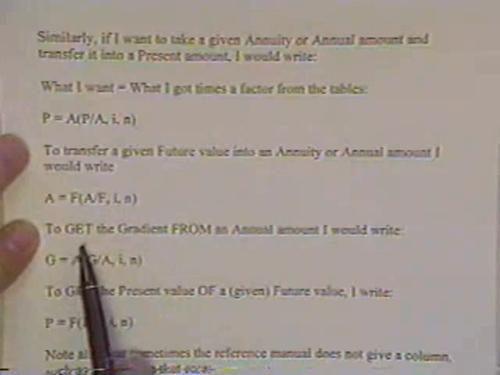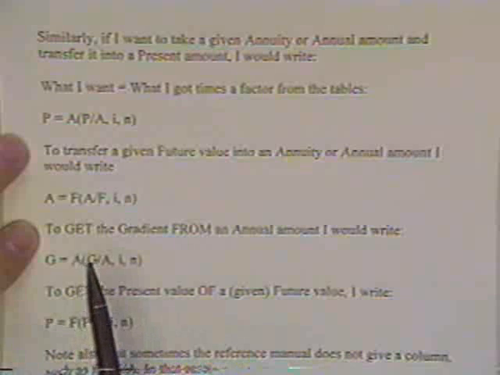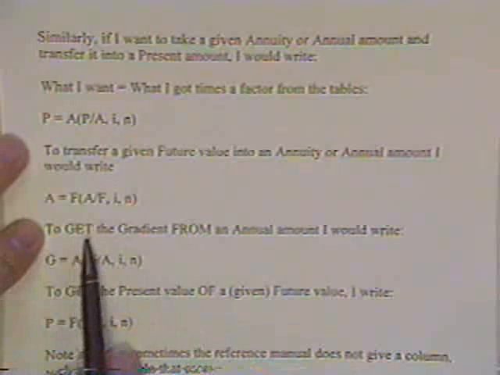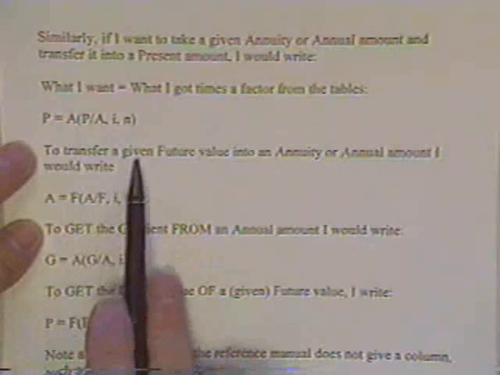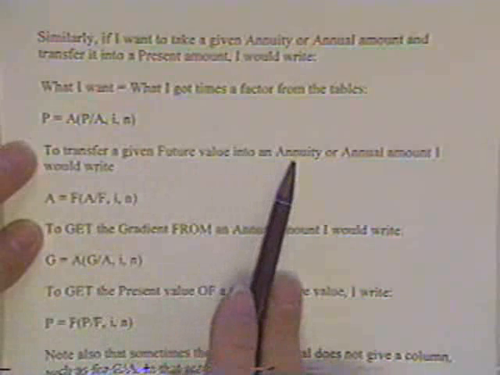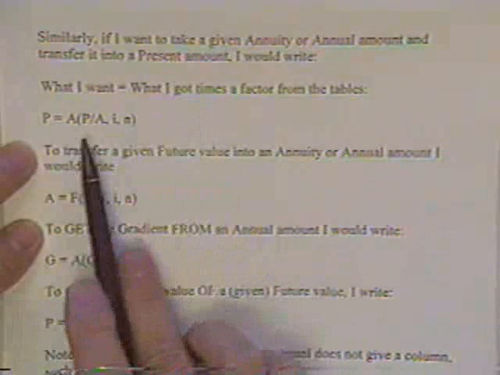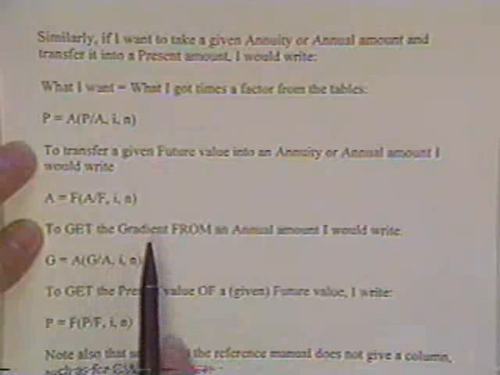Now, the manual may put the wording in a little bit different way than you're used to seeing. So you've got to be careful. Are you going to get something from something? Or are you going to transfer a given something into something else? Or if you want this and you've got this, be very careful that you're not working the problem backwards.